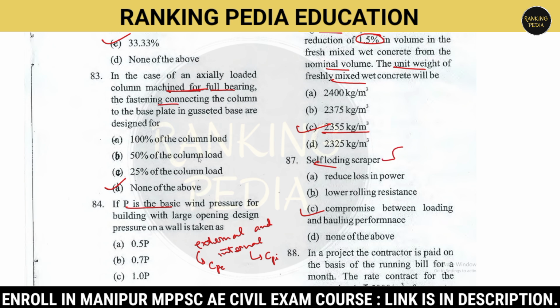A self-loading scraper is designed to load itself without the need of a pusher tractor. So which option is correct? Self-loading scraper compromises between loading and hauling performance.